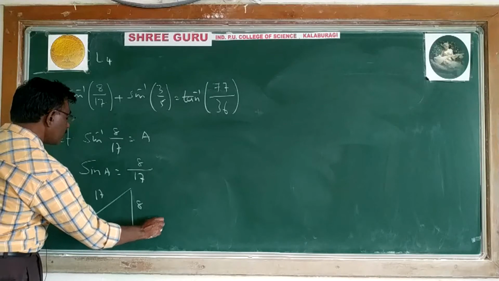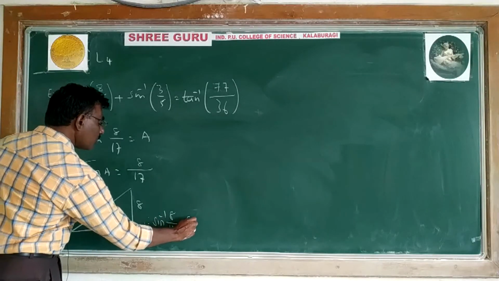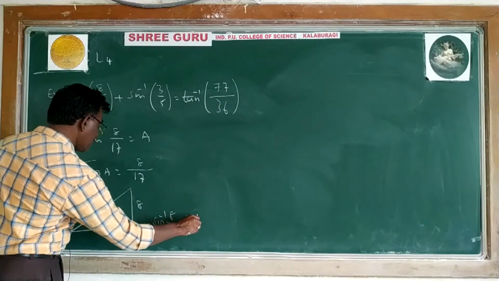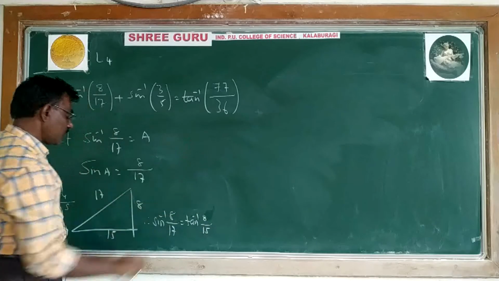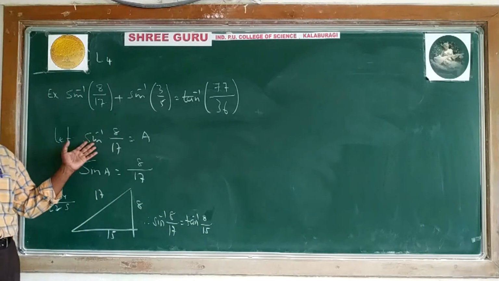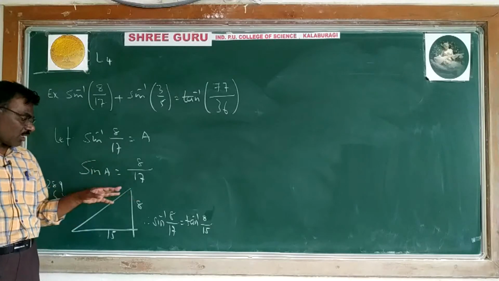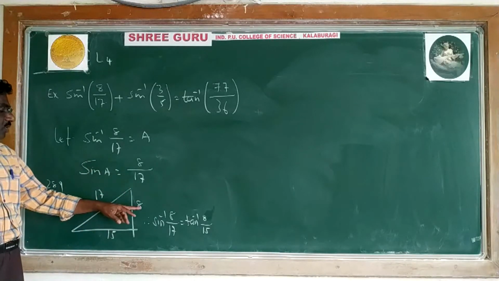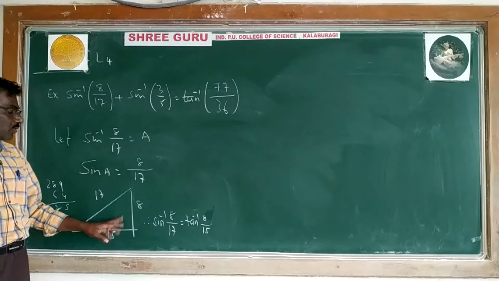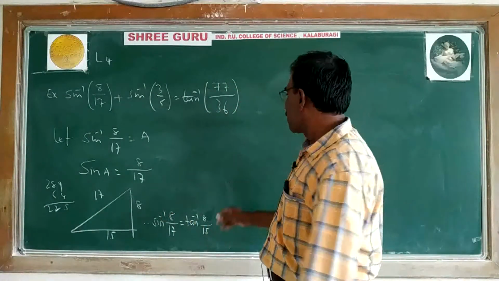Therefore sin inverse of 8 by 17 equals tan inverse of 8 by 15. Okay. Sin inverse converts into tan inverse. This is very simple using the right angle triangle method: 8, 17, 15.